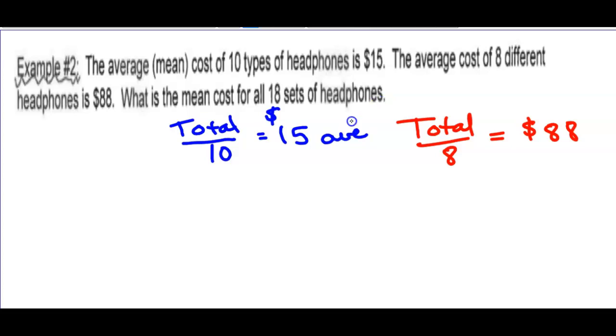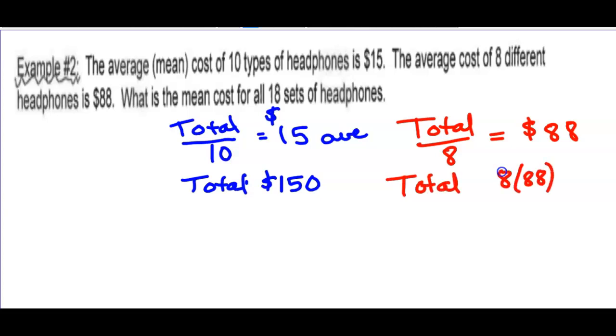Okay, so we got to figure out a way to average them as though they were one giant set. Well, the easy way to think of this is if there were 10 of these and they averaged out at $15, their total had to be 10 times 15 or $150. There were 8 of these and they averaged out to $88 a piece, so their total is 8 times 88. Yep, Hofbauer's going to need a calculator again.